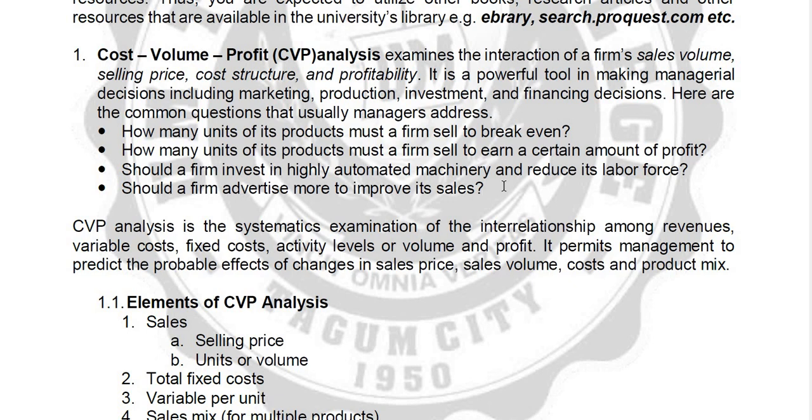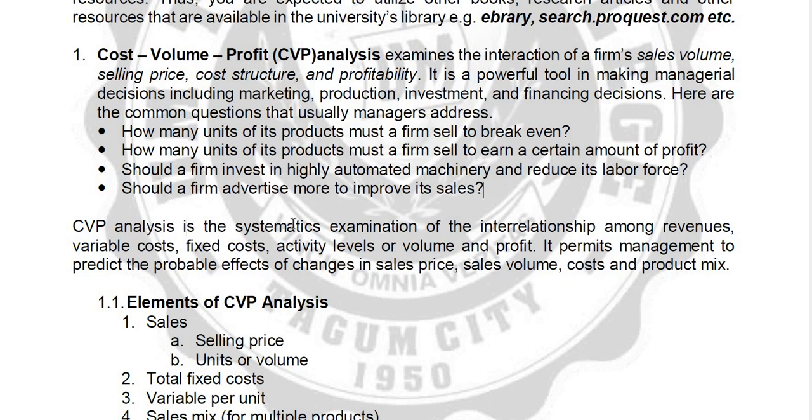So in that way, CVP can help the management, it will alert the management of the things that need to be done for them to be able to achieve the targeted sales, as well as of course the profit that they're desiring to achieve.